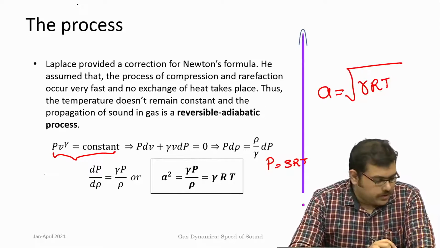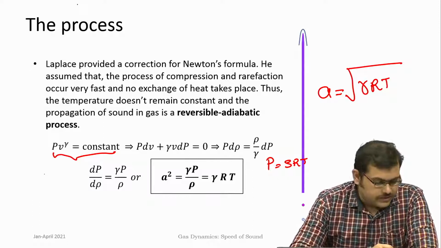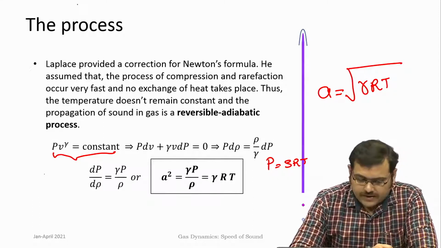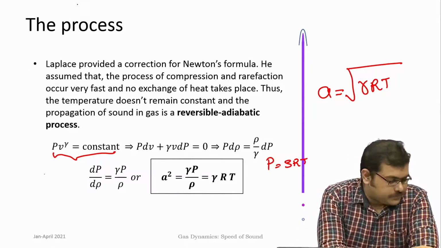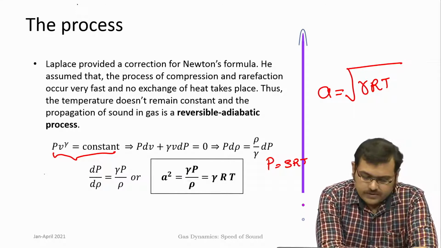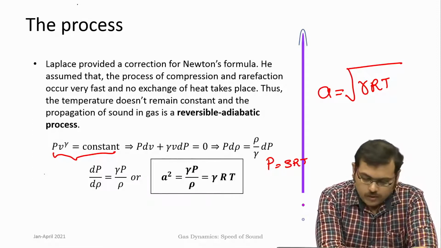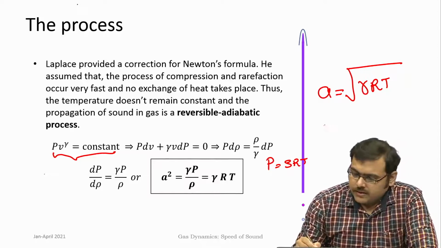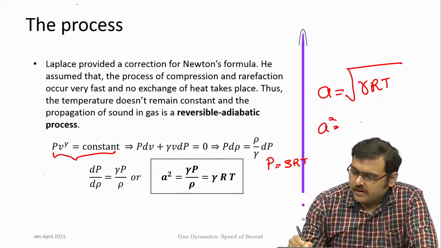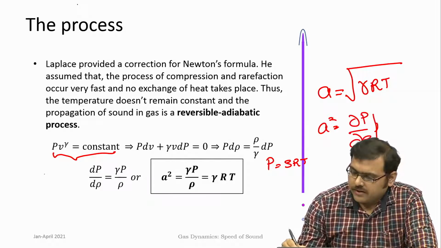Now remember, in all these conversions we have assumed that the gas is a perfect gas, and only in the case of perfect gases we can use these kind of simplifications, where we are saying gamma is Cp by Cv and so on. But the most general equation is actually a square is dou P by dou rho at constant entropy.